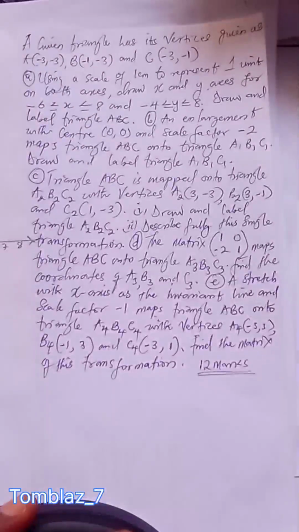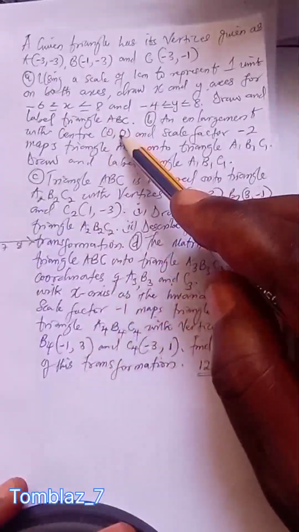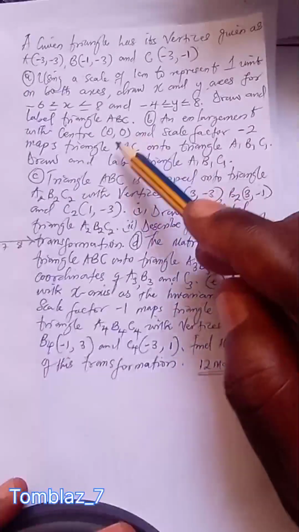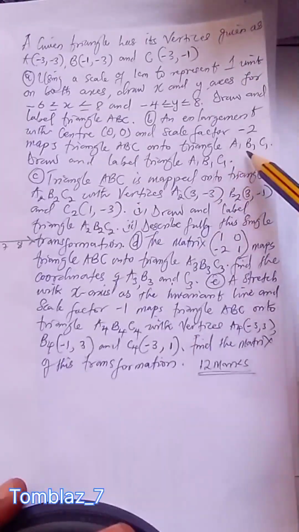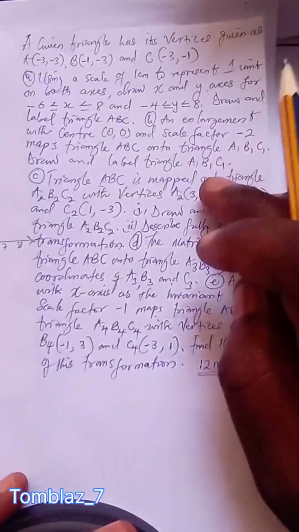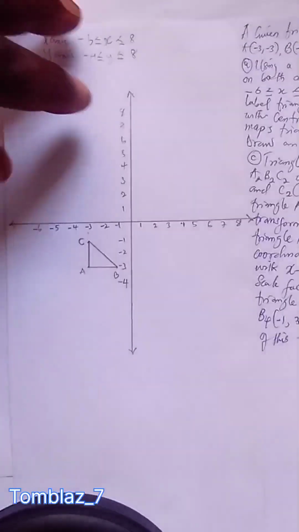You've drawn the triangle. Now the next question said an enlargement with center 0, 0 and a scale factor of -2 maps triangle ABC onto A1, B1 and C1. So they say we should draw and label triangle A1, B1 and C1. So first they say it is an enlargement, and the enlargement has a scale factor of -2.